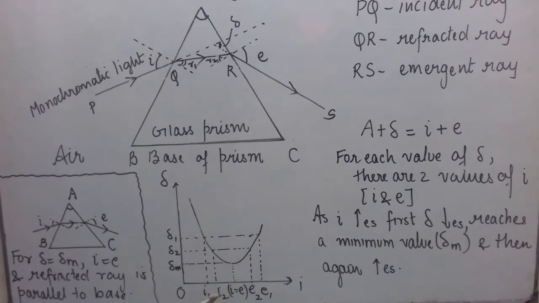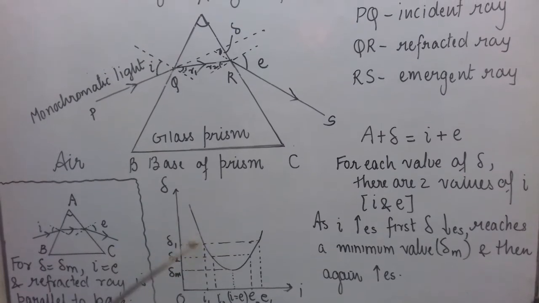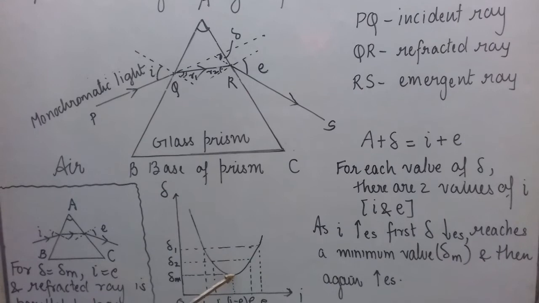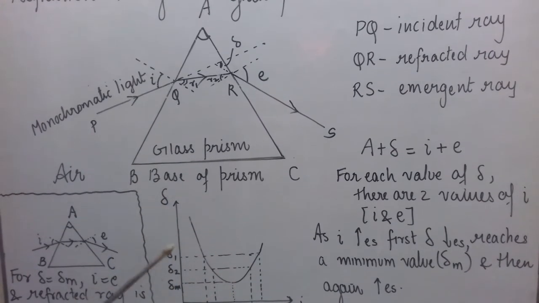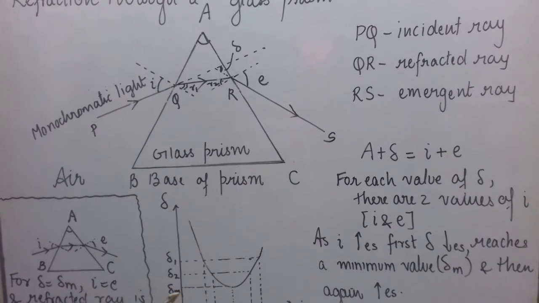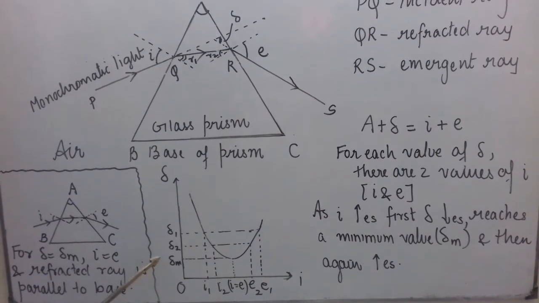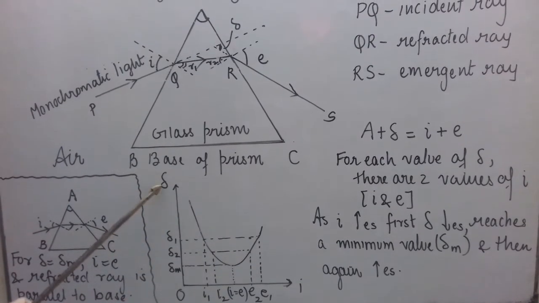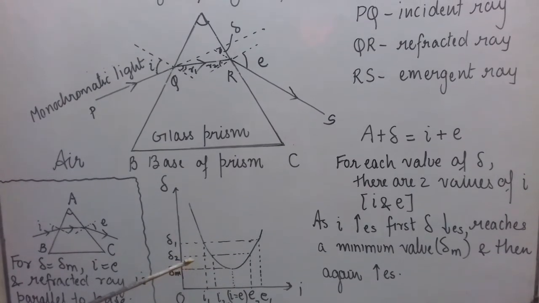But you see here, as i increases, delta decreases, and at the lowest point, this is the minimum value of delta. I have written delta M, and it is called the angle of minimum deviation.